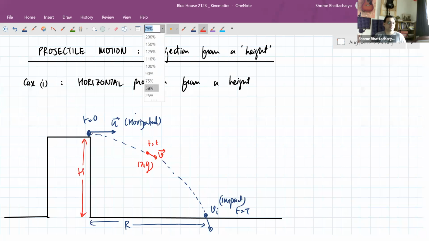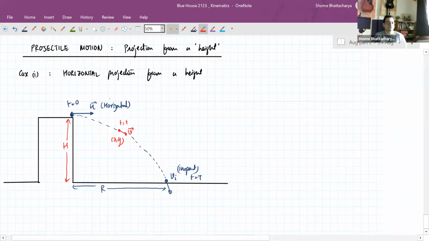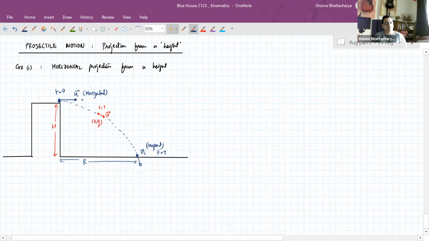So in such a case, what we do is we take our reference frame such that we take again the origin at the point of projection. Most convenient way of doing it. We can also take the origin at the ground level, but more convenient will be this. But the y-axis is downwards. So the reference frame says that origin is at point of projection.